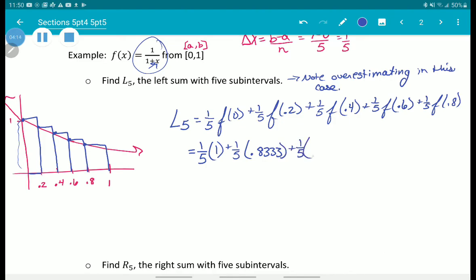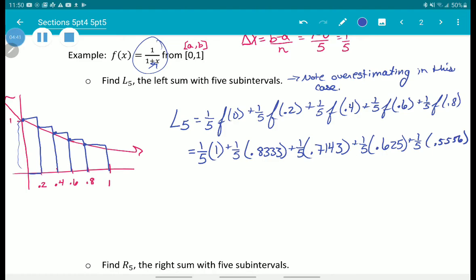If I plug in 0.4, I got 0.7143. If I plug in 0.6, I get 0.625. And if I plug in 0.8, I got 0.5556. I rounded everything to 4 decimal places.